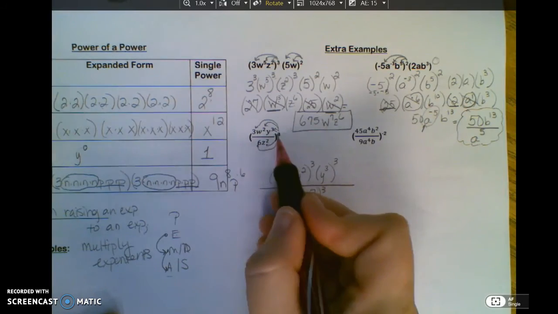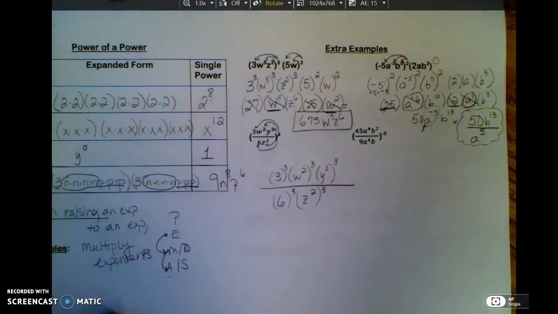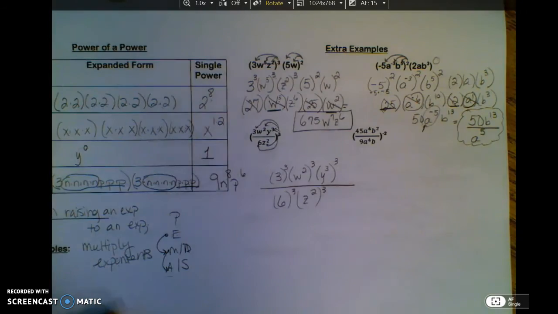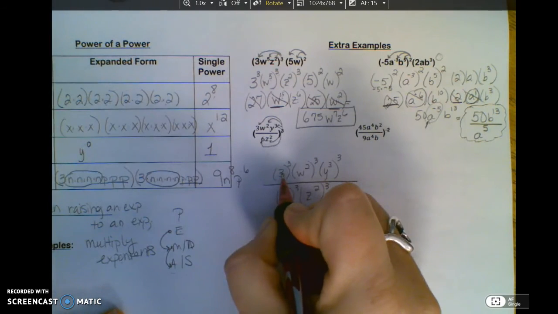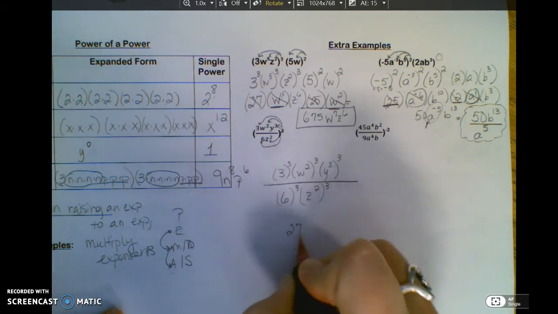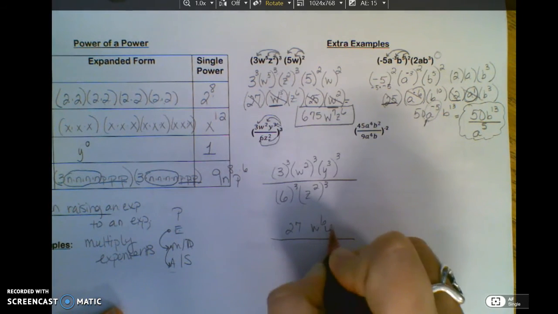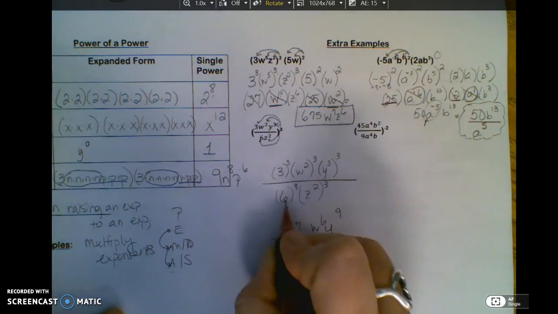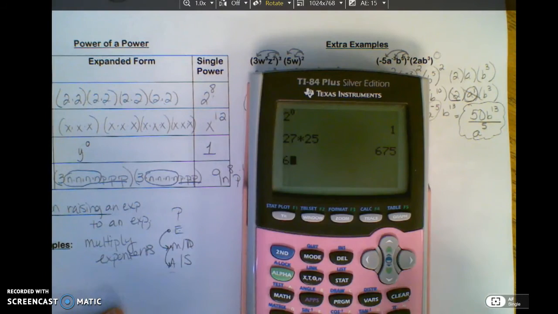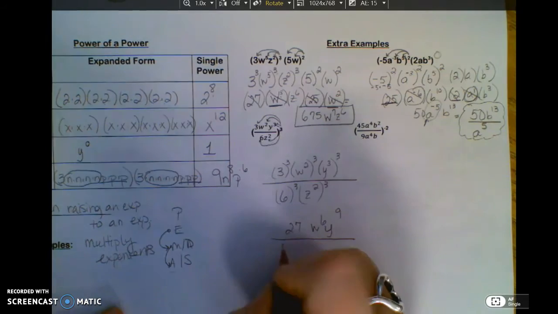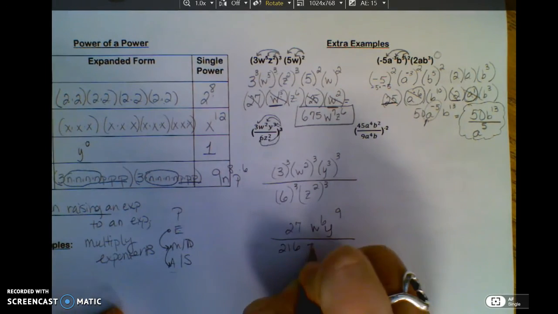You see how that 3 was on the entire fraction? It goes to every single piece. 3 cubed, we've already done, that's 27. Multiply these. 6 to the 3rd power, you probably don't know, so type it in the calculator. You get 216. Z to the 6th.